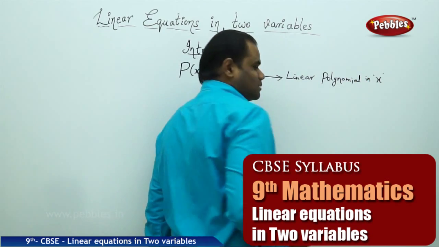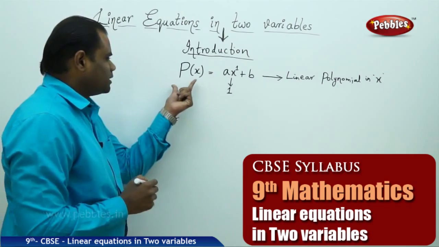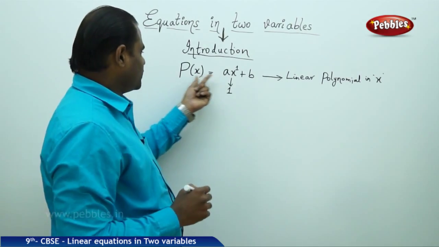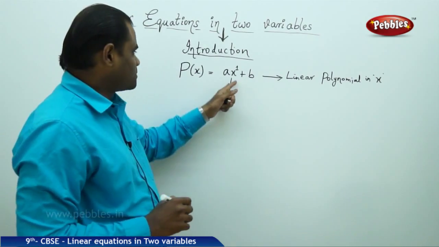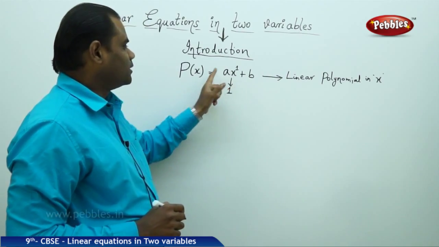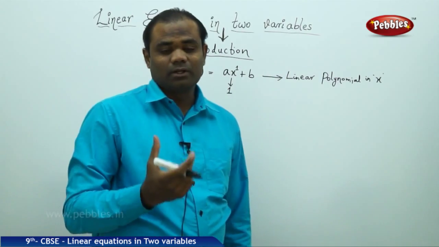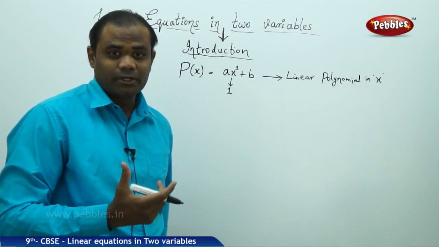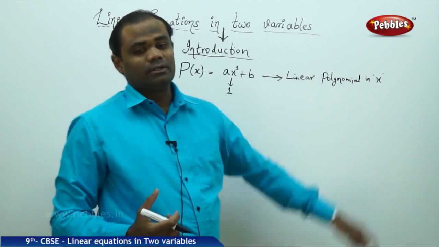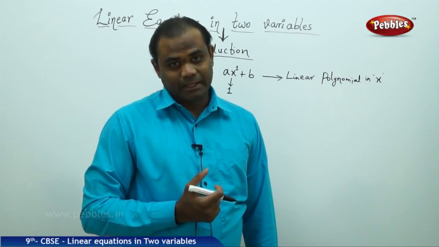In the variable x. So clearly seeing this linear polynomial, I find only one variable, which is x, and its power being 1. Therefore, the degree of this entire polynomial is 1, and such a polynomial with degree equal to 1 is called a linear polynomial in the variable x.